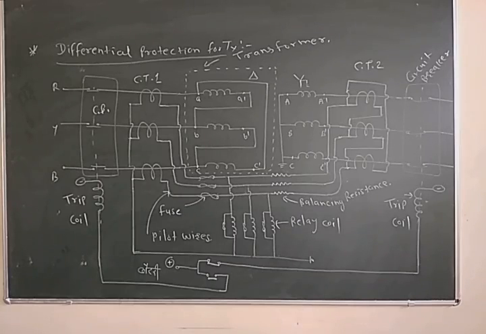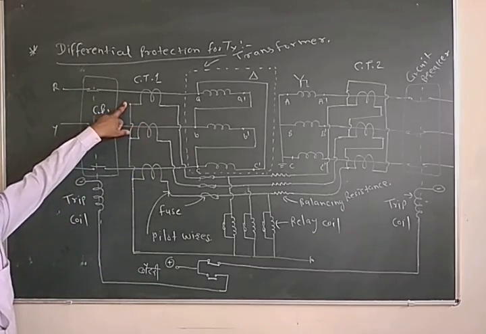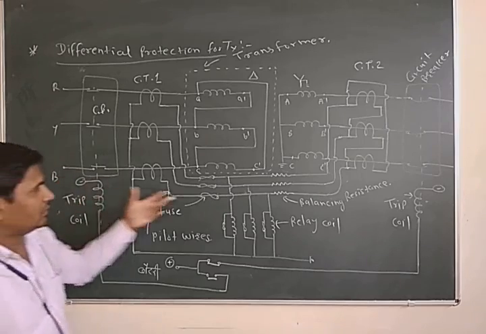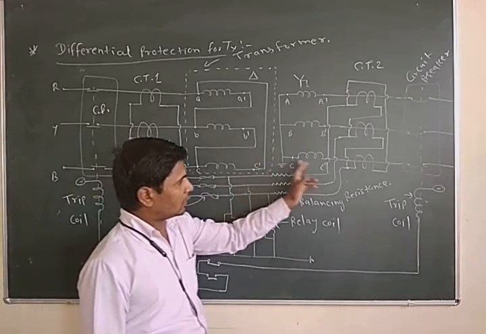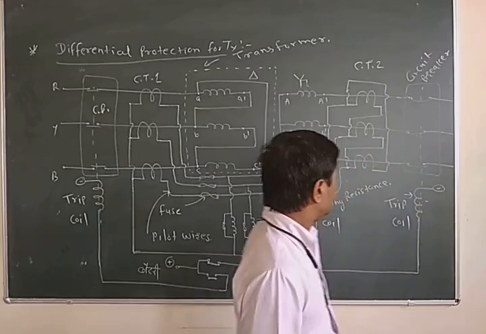First we discuss the normal condition. In normal operating condition, supply is connected to the R, Y, B and the transformer output, and it is supplying the load.